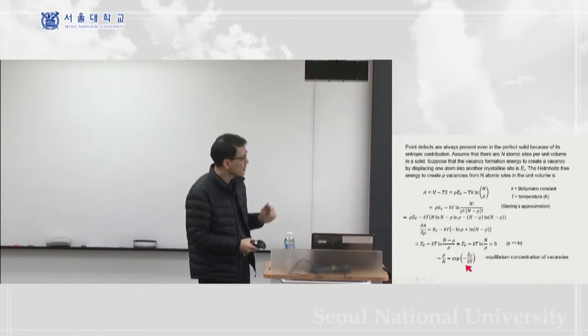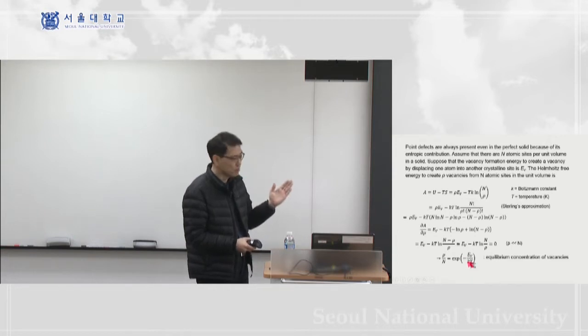What you can see is that even though this EV is a finite positive number, at any finite temperature, unless it is absolute zero, you always have a finite equilibrium concentration of vacancy. So suppose that T is 0, then this is minus infinity, so this is 0. So there's no vacancy.